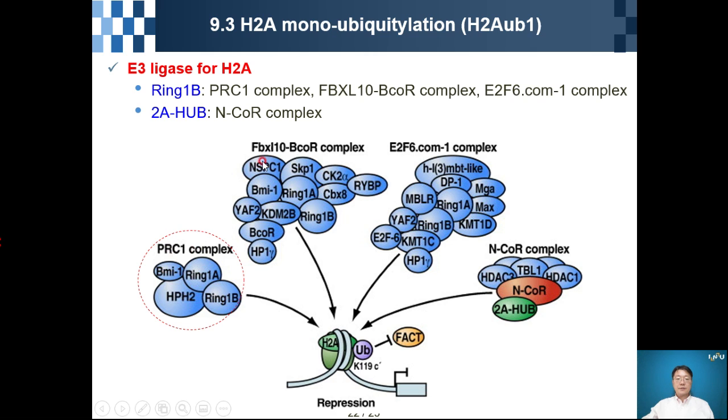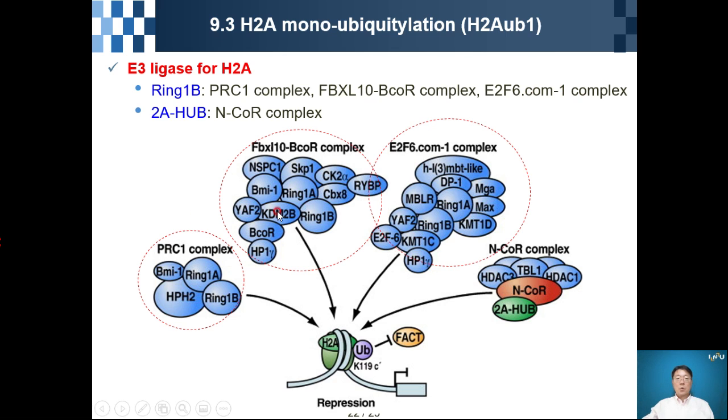How about the FBXL10 and BCOR complex? They are composed of several proteins like this. The final one is the E2F6.com-1 complex. This complex is also composed of several proteins.